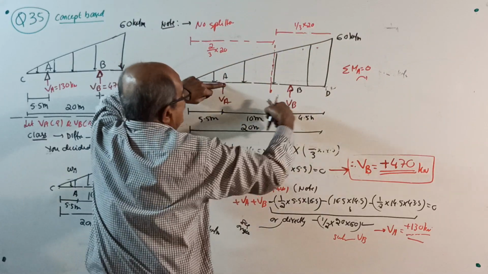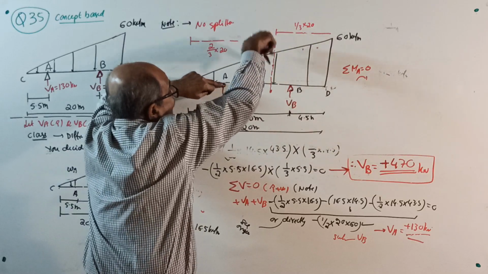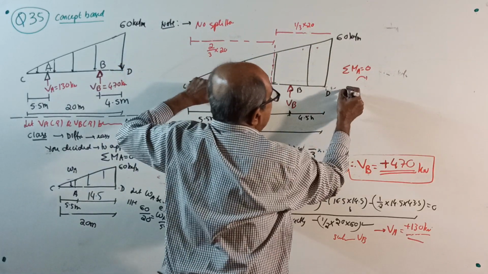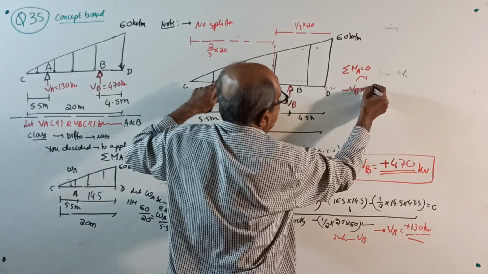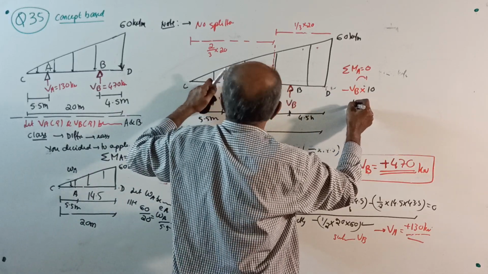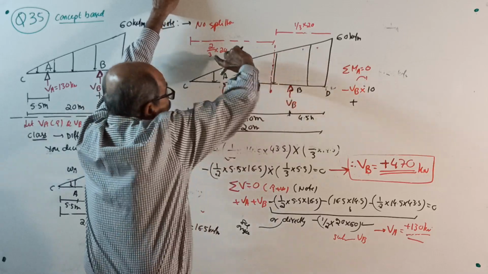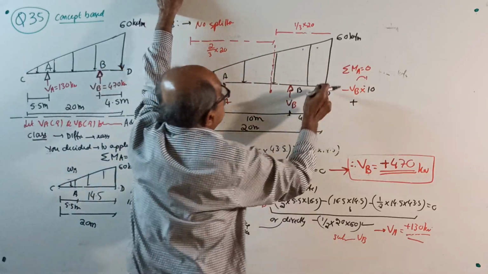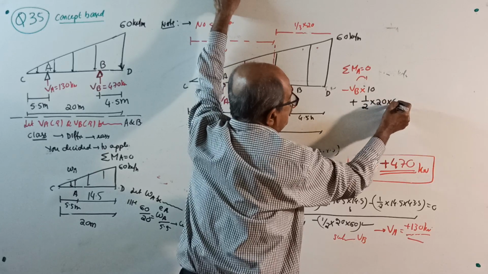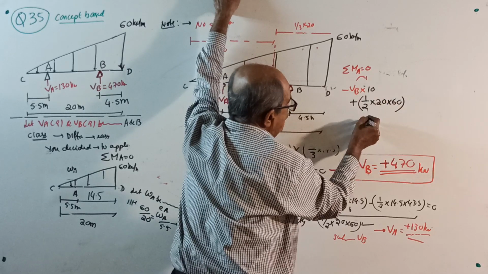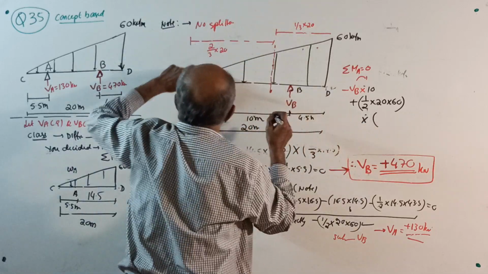Therefore, minus VB into 10 plus directly the total load, which will come clockwise. Half into 20 into 60 is the total load, multiplied by the distance.